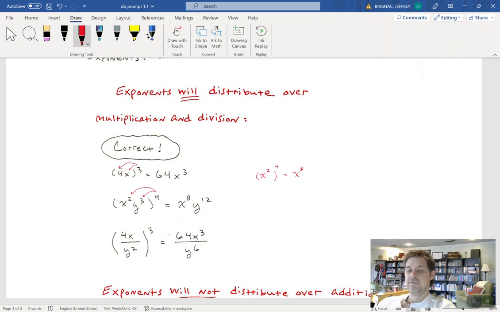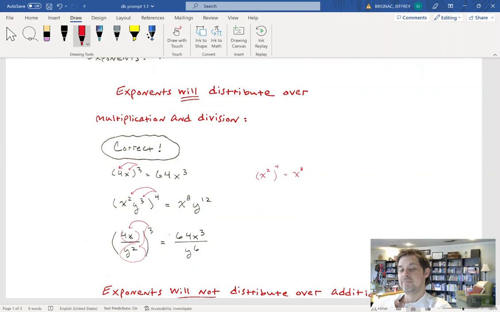So look at this last one right here. I have, I guess, a little bit of everything. I've got 4 times x on top, so that's multiplication, but then that's divided by y squared. So this 3 applies to that because exponents distribute over division. But it also applies to this down here, okay? But that 4 times x is multiplication.